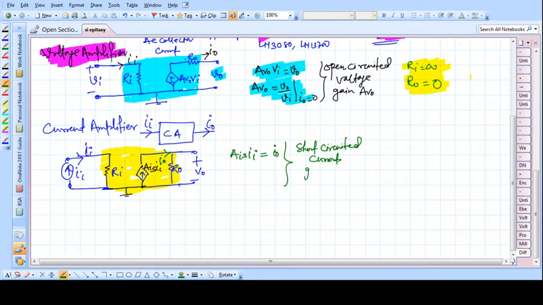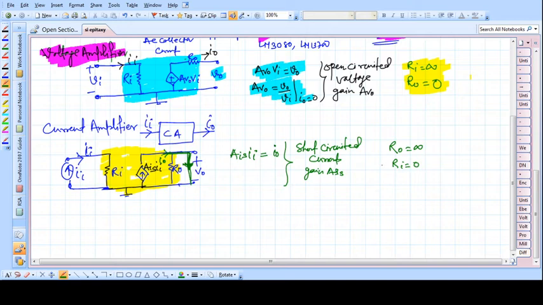Once again I will repeat, AIS is the current gain with short circuit. When it is short circuited, this current will flow through this part. So AIS into Ii equals I naught. In this case we can observe that the R naught value will be infinity and the Ri value will be 0.